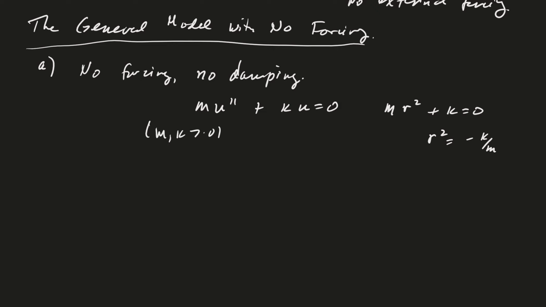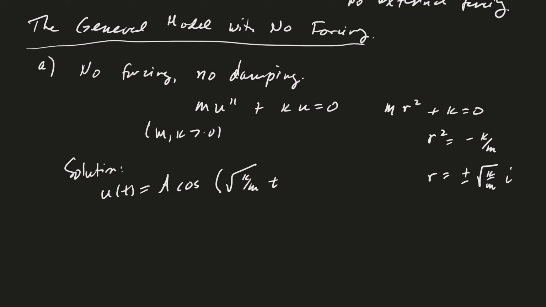Okay, and so therefore r is plus or minus the square root of k over m times i, and so therefore the solution is going to be u of t equals a cosine of the square root of k over m times t plus b times the sine of the square root of k over m times t.